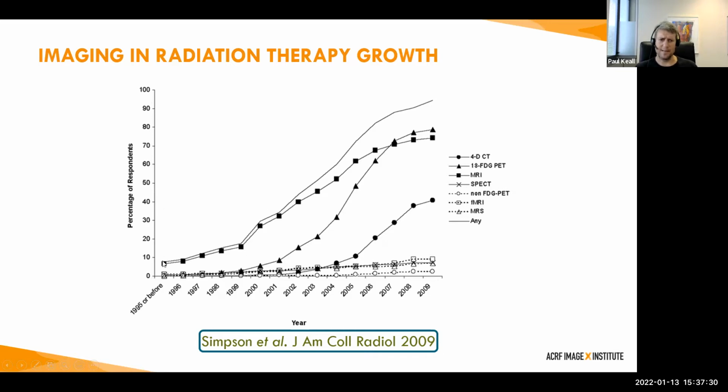This is imaging in radiation therapy in addition to a CT scan. With time, there's a general increase in imaging being used to help us find the cancer target before we treat the patient, to help us with our delineation. We're seeing more than half of people adopt new technology in about a decade.